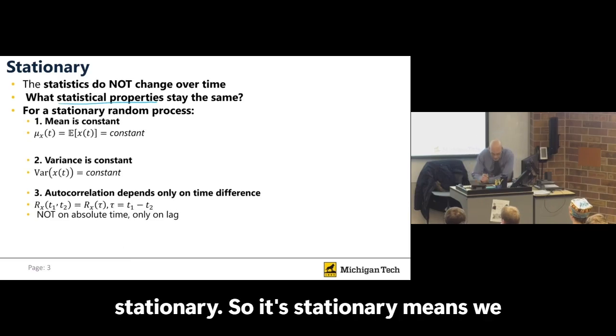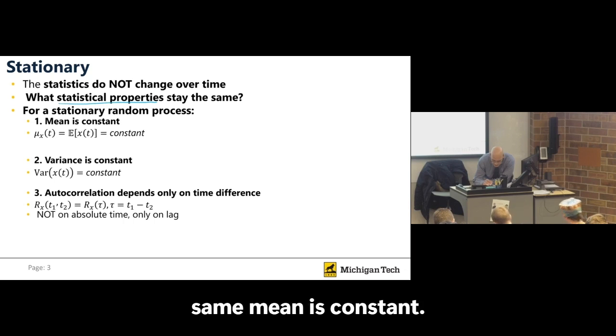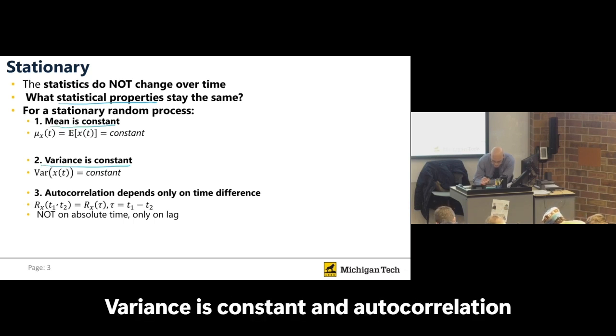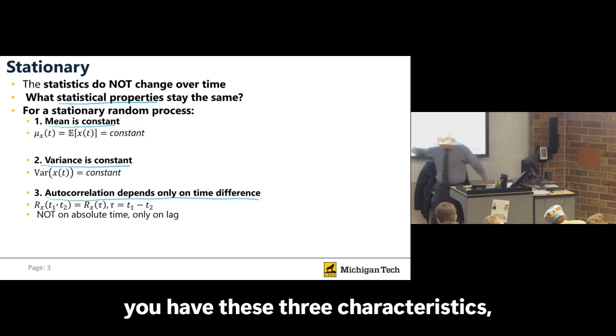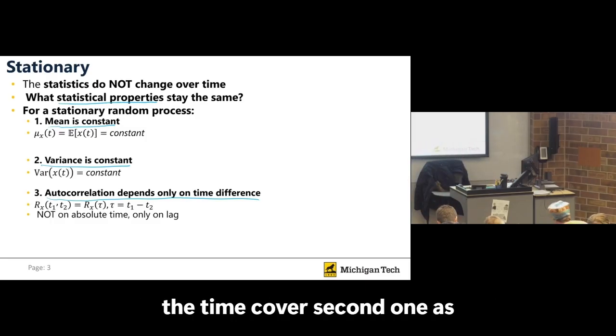Stationary means we have statistical properties that stay the same: mean is constant, variance is constant, and autocorrelation depends only on time difference. If you have these three characteristics, actually the last characteristic most of the time covers the second one as well.